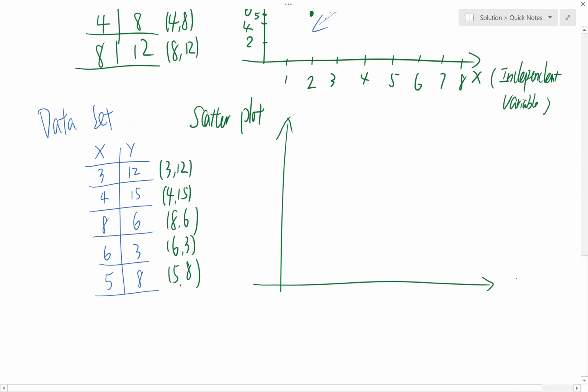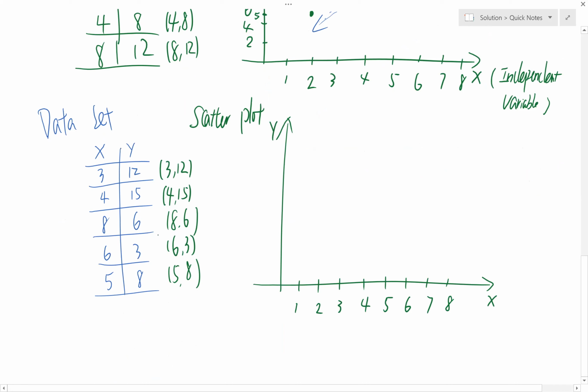Again, x goes here, y goes here. We have two variables. Then look at the x values. The minimum is 3, the maximum is 8. So again, we only need 8 units: 1, 2, 3, 4, 5, 6, 7, 8. On the y value side, the maximum is 15 and the minimum is 3.